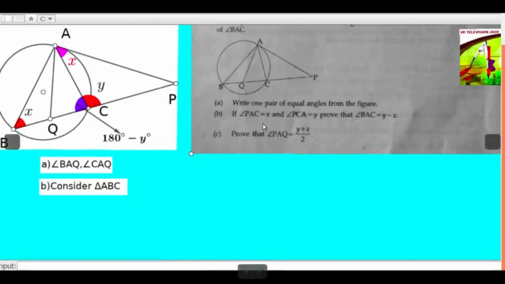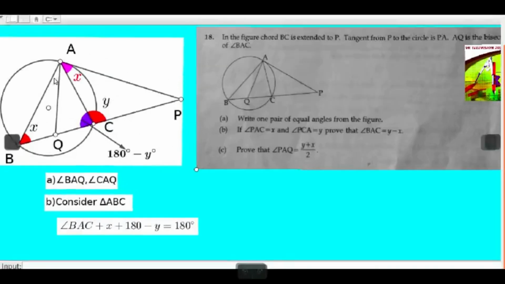Second one. Consider triangle ABC. The sum of these three angles is equal to 180. We take this angle as Y, so this one is 180 minus Y. So the sum of these three angles: angle BAC plus X plus 180 minus Y is equal to 180.